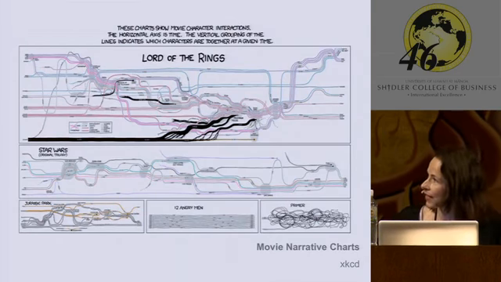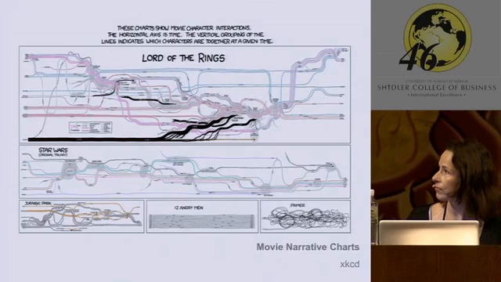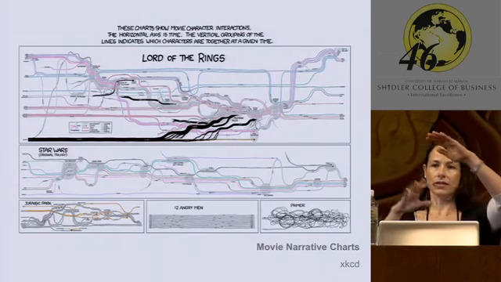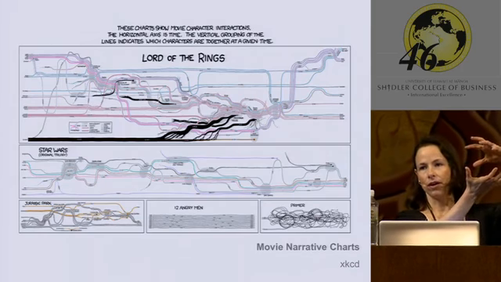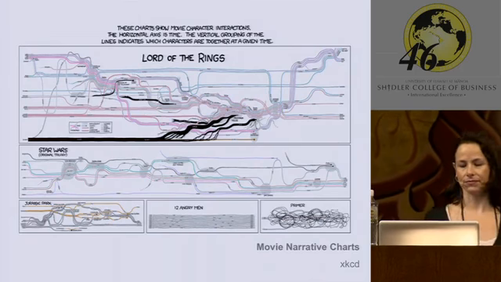And what he's doing here, he's creating a timeline of different narratives. So at the top, we have the narrative of Lord of the Rings. In the middle, we have Star Wars. And he is tracking moments when characters come together and moments when they drift away, and how they come together and how they drift away.